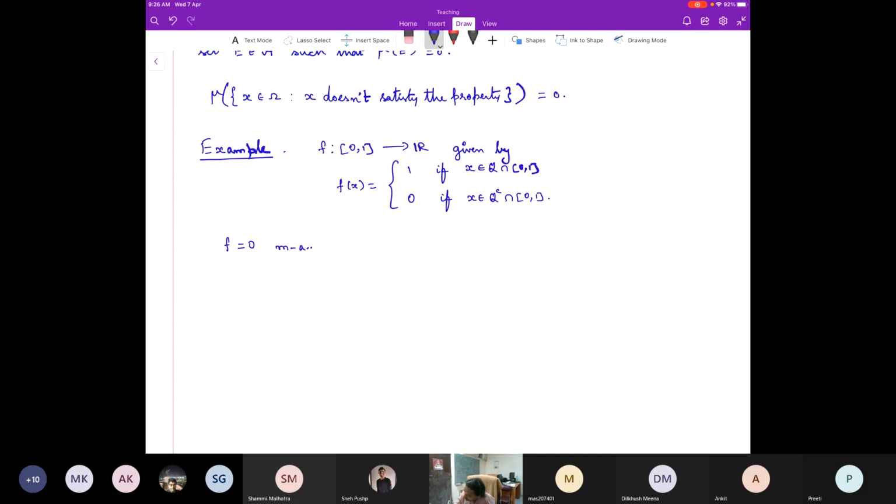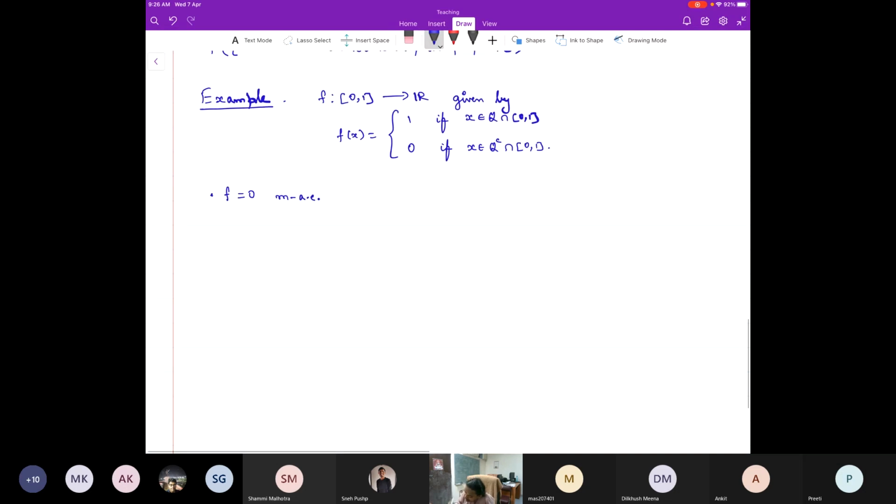Usually one writes it simply as almost everywhere. They don't write the measure. So why is it 0 almost everywhere? Because the measure of rational numbers is 0. Exactly.